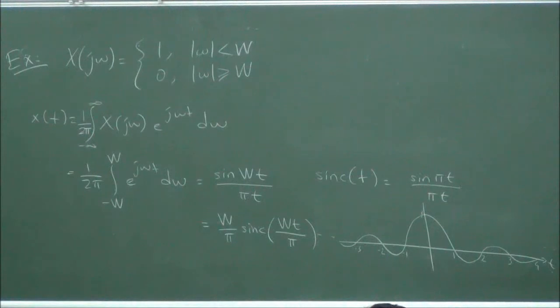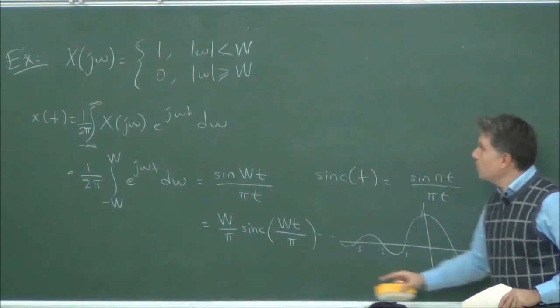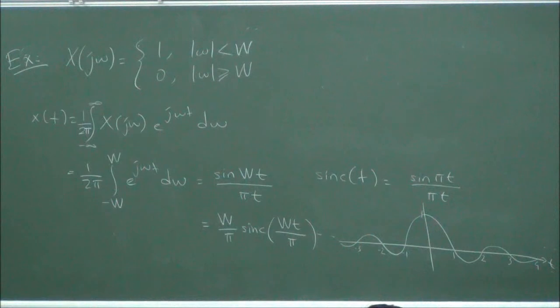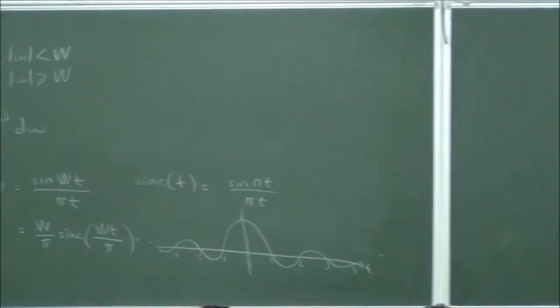Now, with respect to these sincs and this new sinc shape that we obtain, we make some observations about what the Fourier transform looks like as opposed to the time signal.